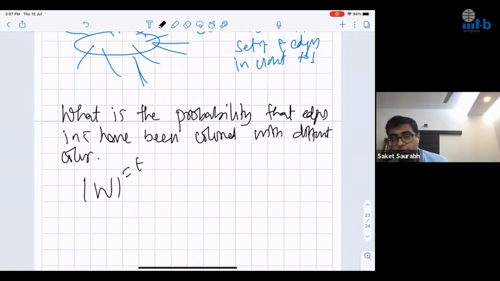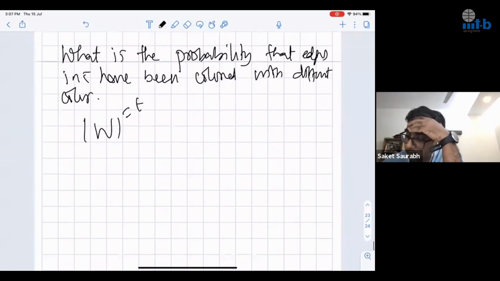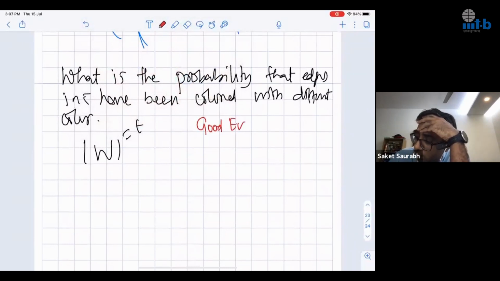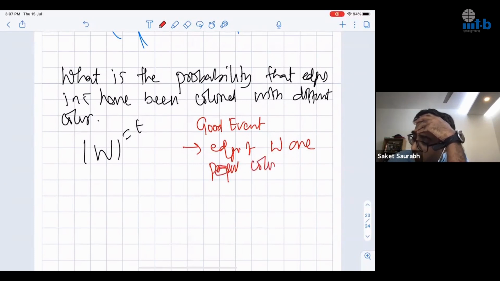Suppose this is my good event. What is a good event? Edges of W are properly colored. Edges of W are colorful, no color is repeated.